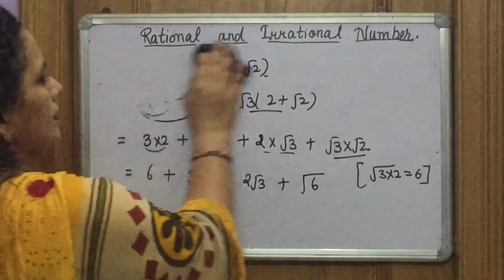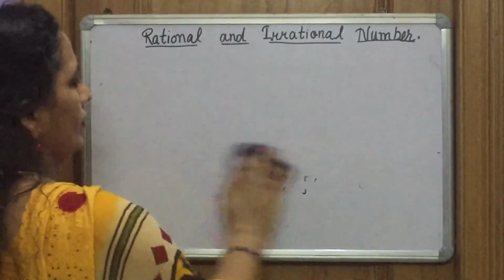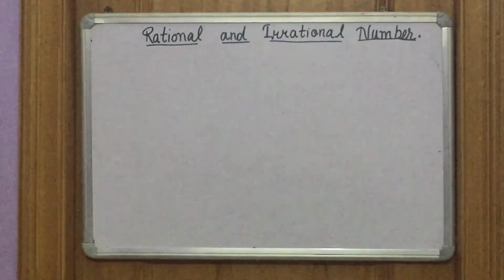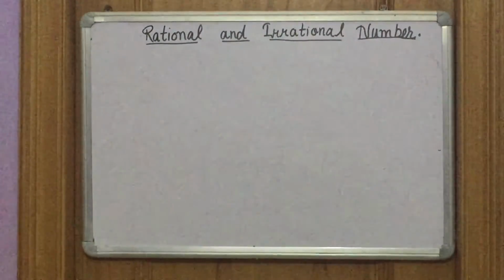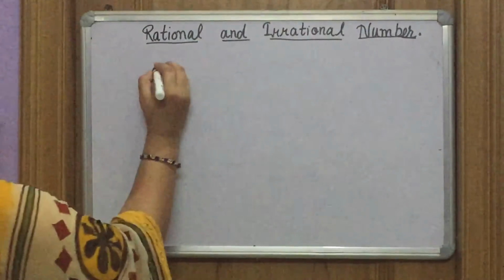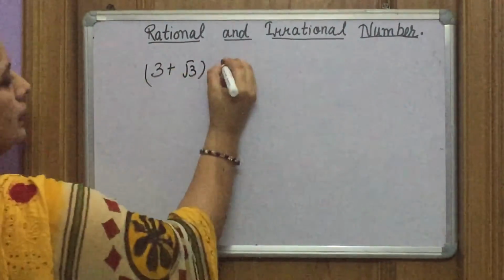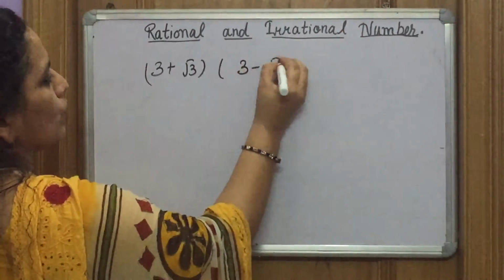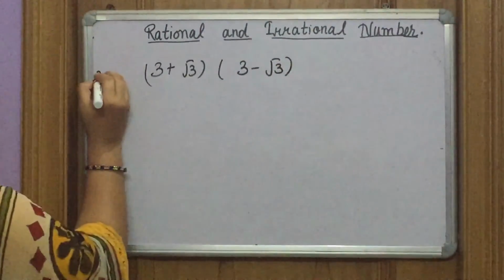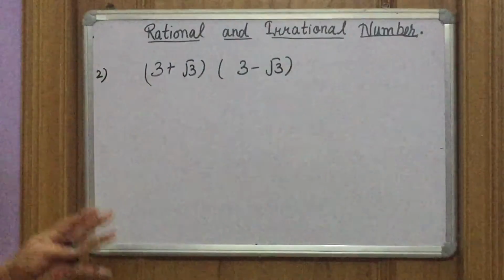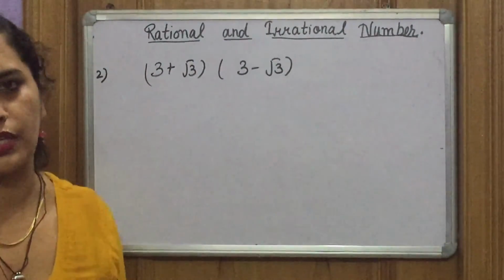Next question is 3 plus square root of 3 multiplied by 3 minus square root of 3. Here you have two methods to solve this question.